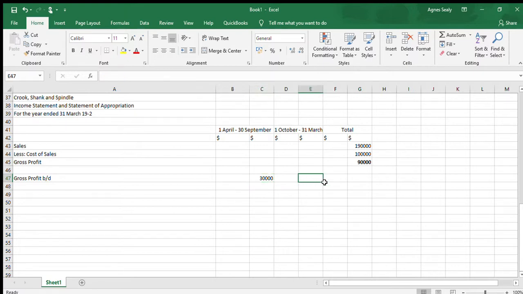And then we have this period here, which will be 90,000 times 2/3, which is 60,000.